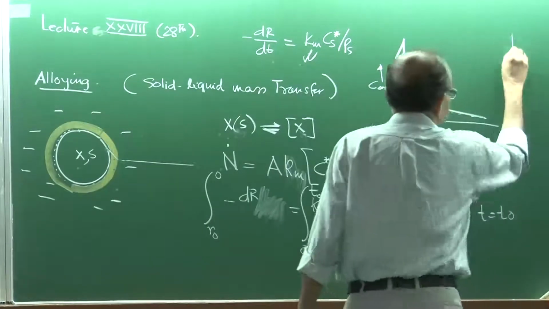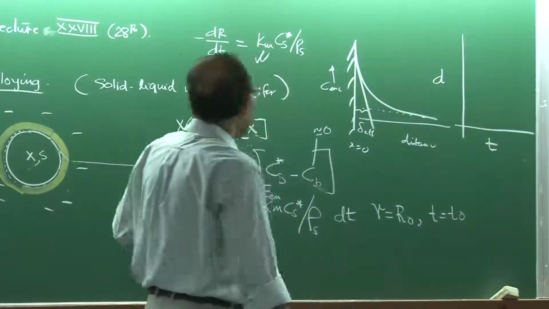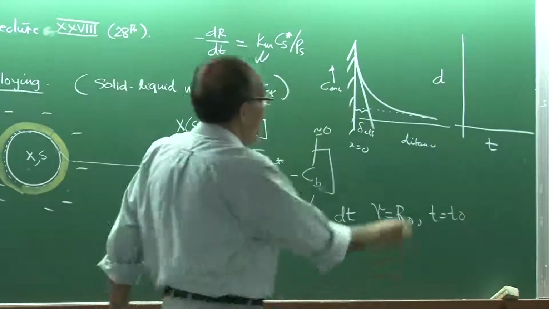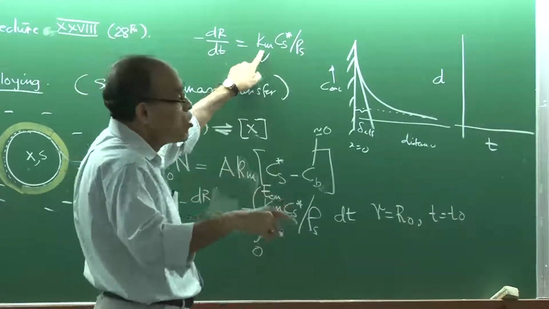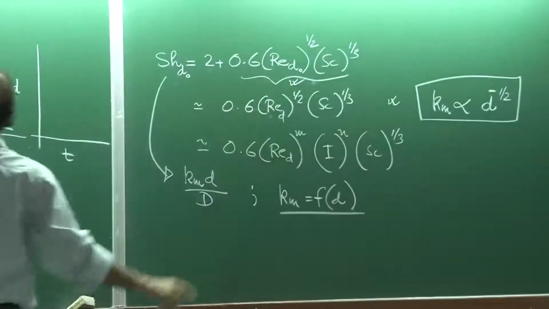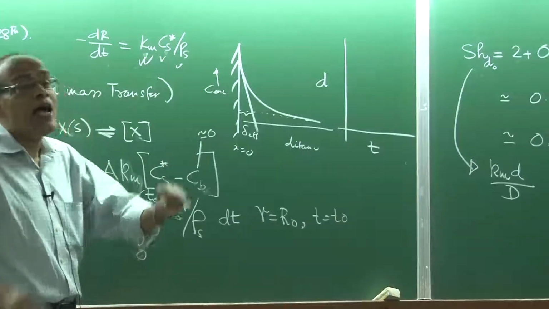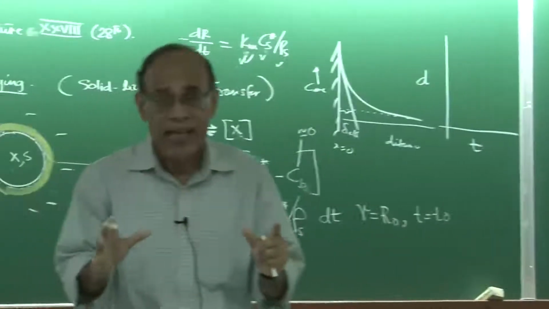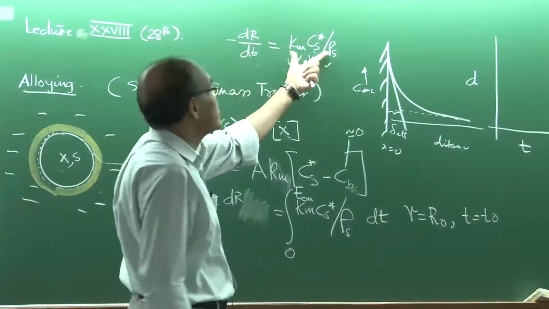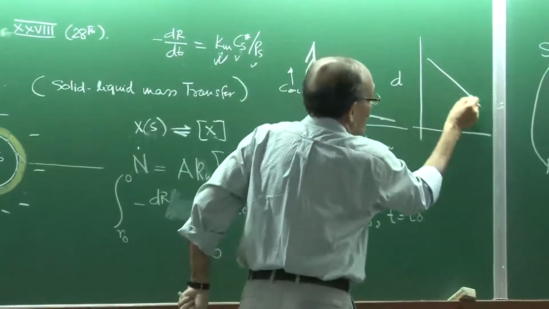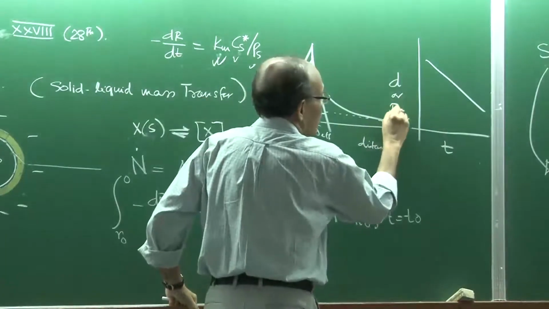If I plot diameter versus time using a constant diameter, nothing changes there, it is a steady state process. So the Reynolds number will be constant, this is already constant and this is already constant. So if I perform the calculation considering the initial radius or initial diameter of the sphere, then this right hand side being a constant, you are going to get a straight line variation between d or r versus t.